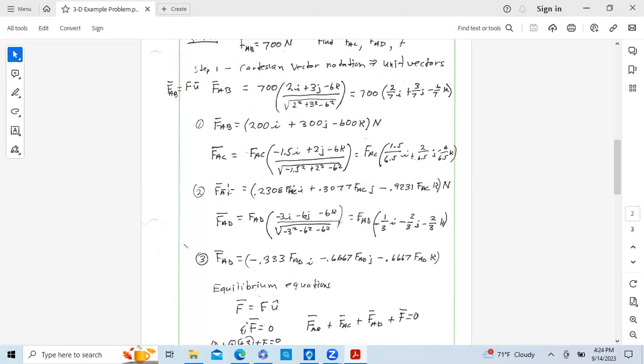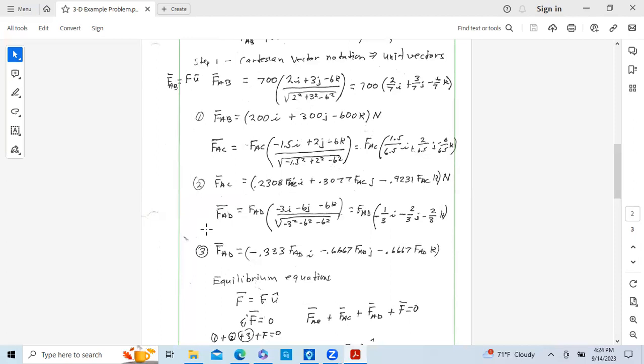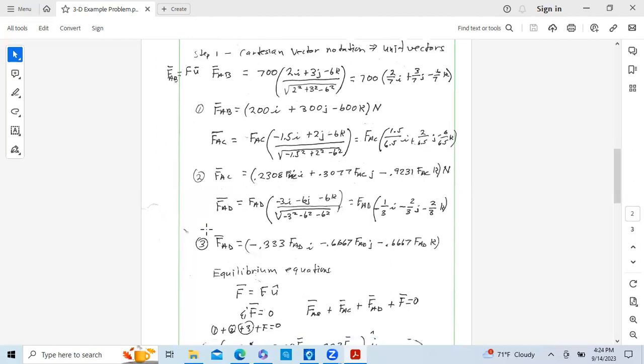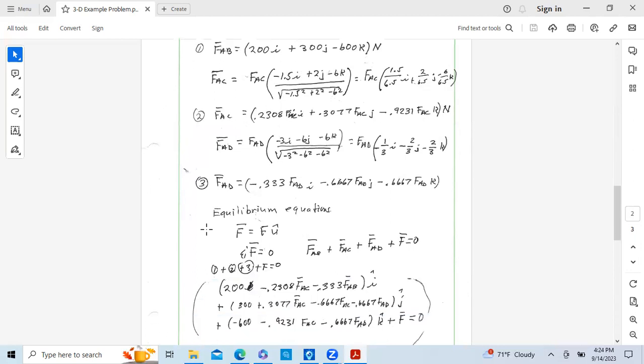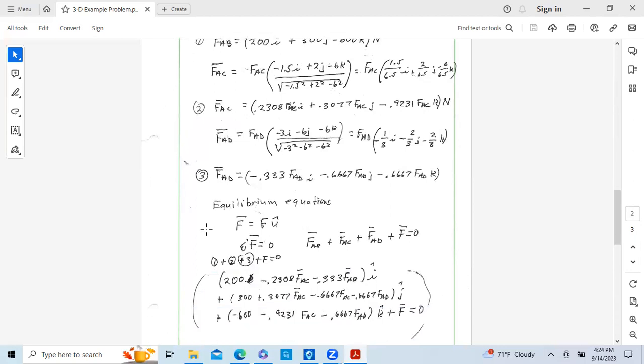So the first equation was the force in AB, and that was known. Then we do the force in AC and the force in AD. The other force is just in the K direction. Okay, that's all it is. It's strictly K direction. Then we have the equilibrium conditions that we're going to look at.